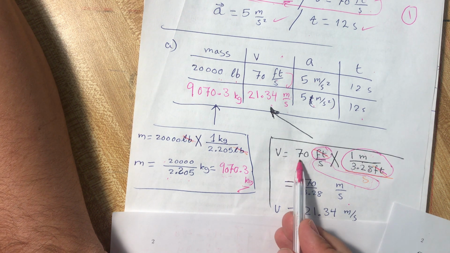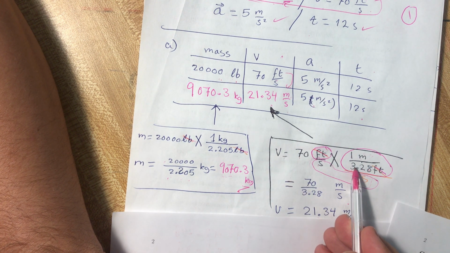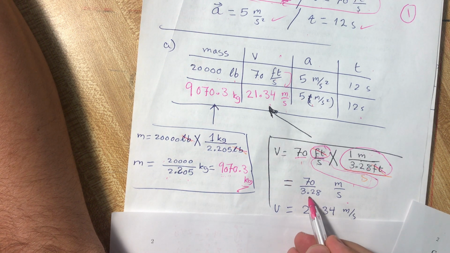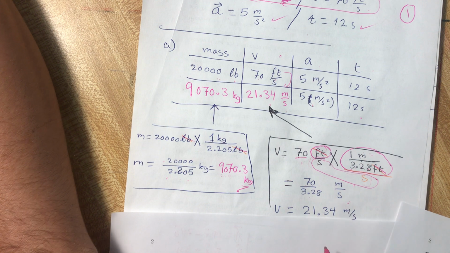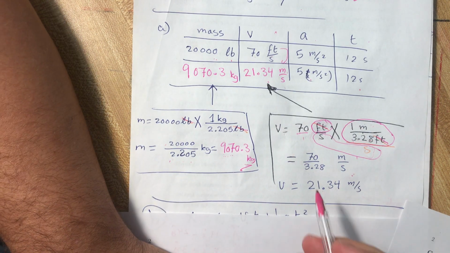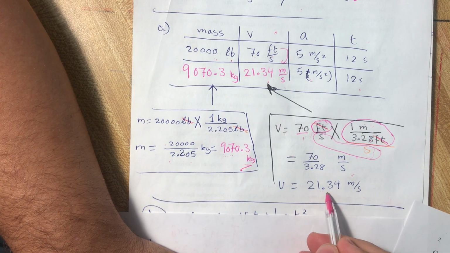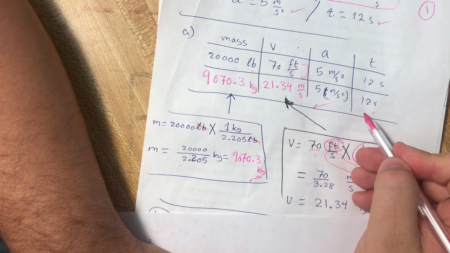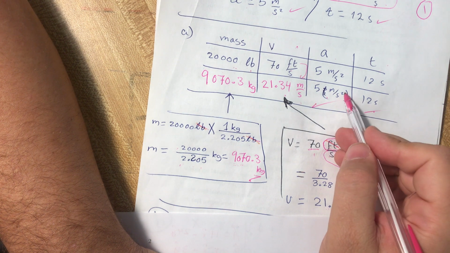So the value will be 70 over 1 multiplied by 1 over 3.28, which is 70 over 3.28 meters per second. This value will give us the velocity, 21.34 meters per second, and the acceleration and the time stay the same.